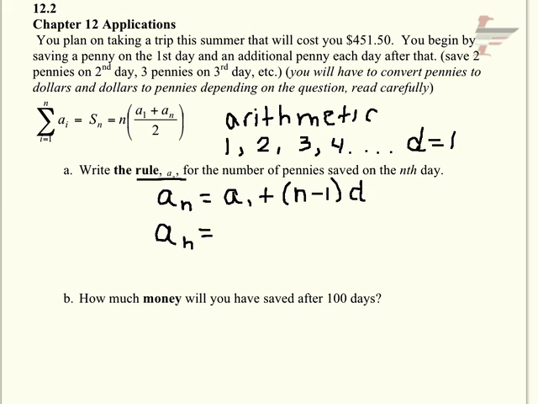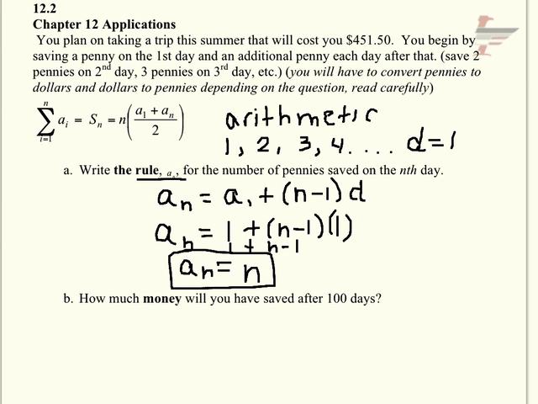And my first term is 1 because that's the first penny I saved. So I can fill in 1 for a sub 1 and 1 for my common difference. And if I simplify that, that's nice and easy. I get 1 plus n minus 1, which is just n. So my sequence is a sub n equals n.